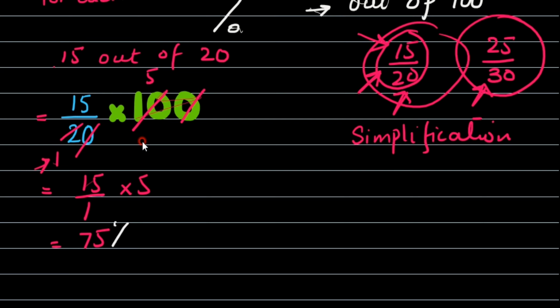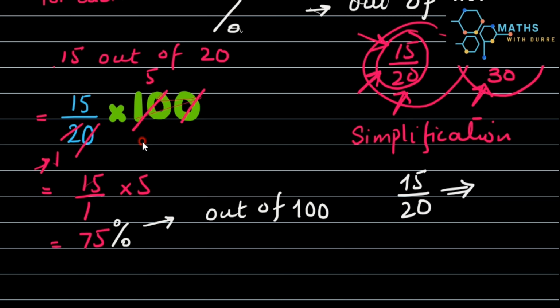So that's why I will put this percentage symbol. What is this symbol showing me? Out of 100, I scored 75 marks. In actual, I scored 15 marks out of 20, but these 15 marks out of 20 become 75%. Right? Let's have another example.